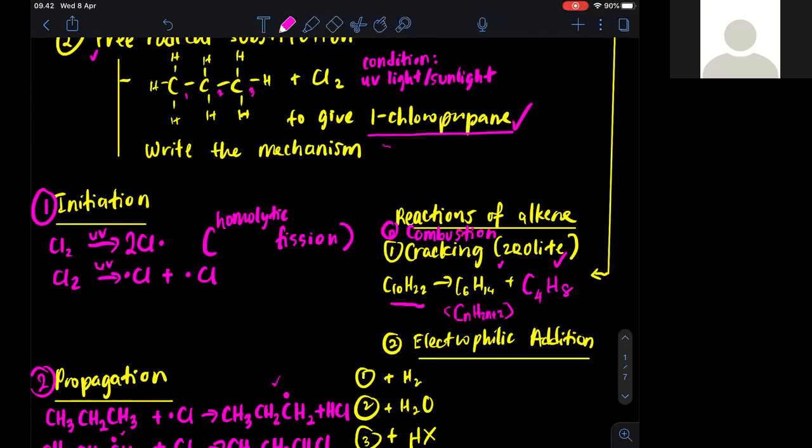So is it alkane or alkene, Victoria? Alkane. Yeah, alkane. And then C4H8 follows CnH2n, so that's going to be alkene. So whether you have alkane or alkene, they will undergo cracking, and you are going to get either alkane and alkene. I want you to remember this: one of the steps is going to be cracking.